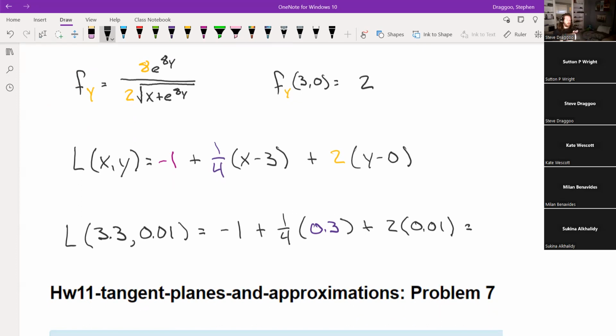Let's see. 0.3 over 4 is going to be 0.075. We're going to add 0.02 to that, so that's 0.097.